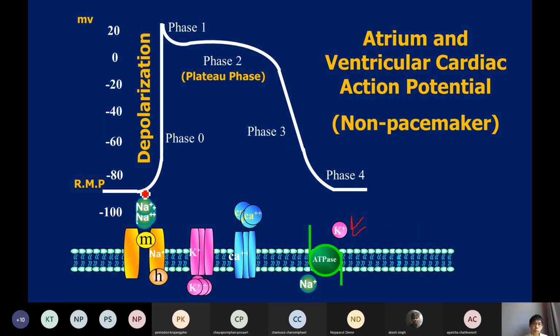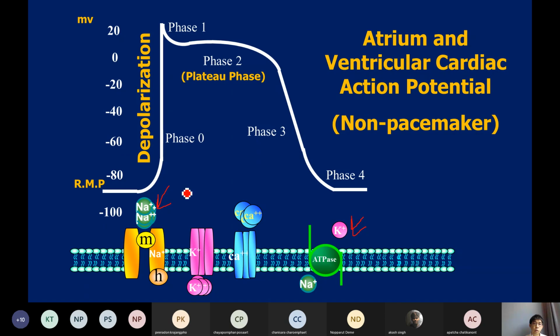When something triggers the cells and changes the membrane potential to less negative, around -70, this leads to the opening of the sodium channel and causes depolarization.